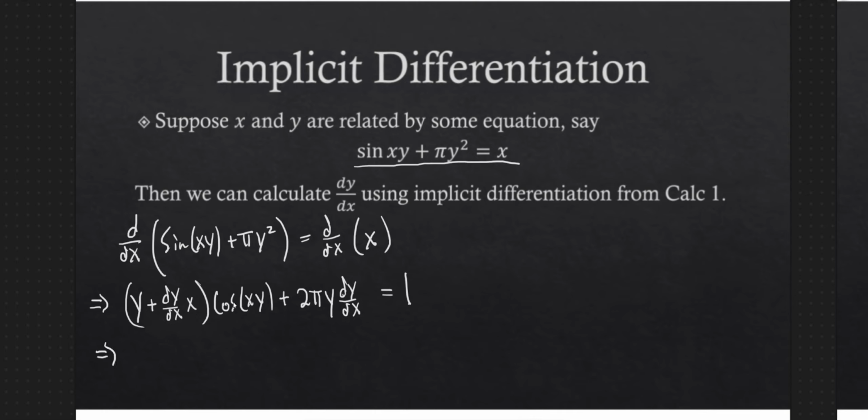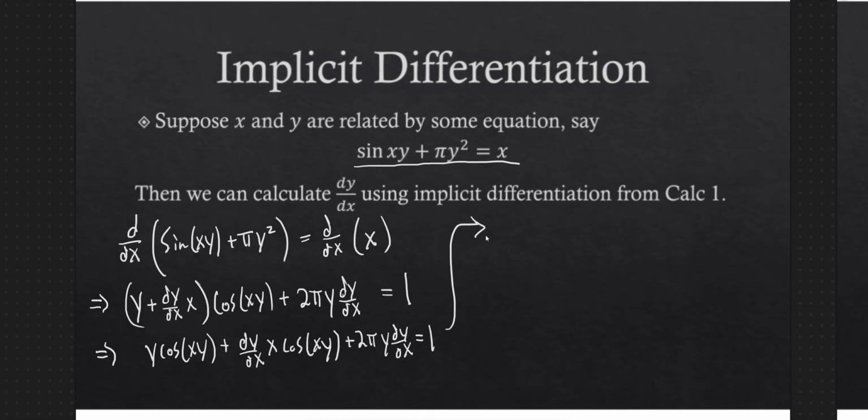So let's expand this out, collect all our dy dx's, and solve for dy dx. So I'll have y cosine xy plus dy dx x cosine xy plus 2 pi y dy dx equal to 1. Again, I want to isolate all my terms with dy dx in and bring everything else to the other side.